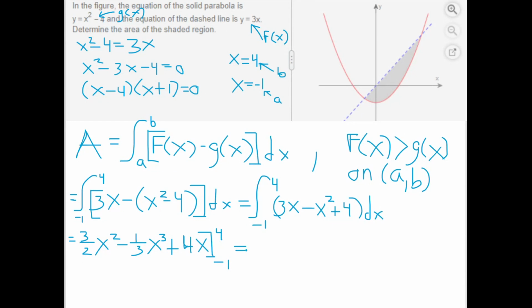Okay. So let's plug everything in. We have 3/2 times 4 squared, minus 1/3 times 4 cubed, plus 4 times 4.